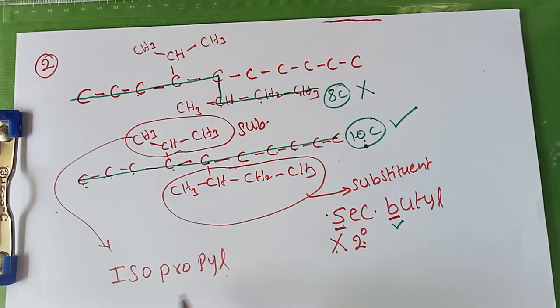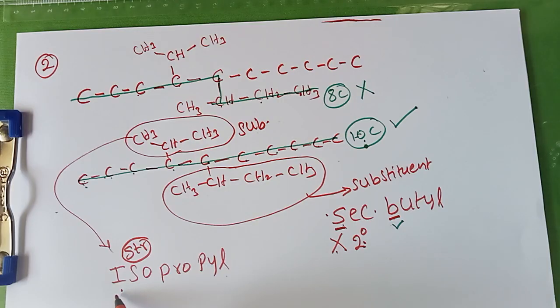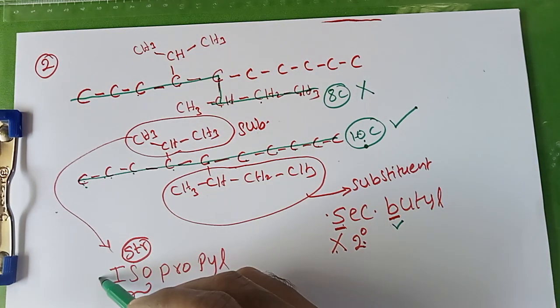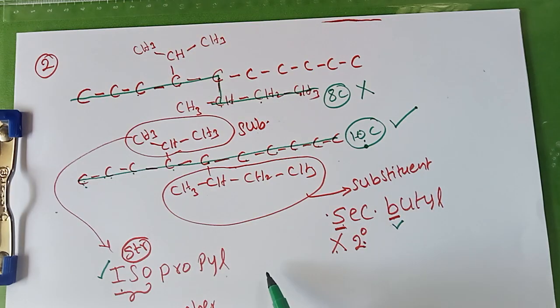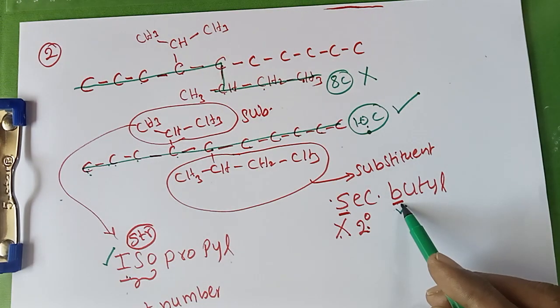In isopropyl, iso is a structure of the carbon chain, it is not a number. So you consider the I in alphabetical order. Alphabetical order is compulsory in the IUPAC naming order. So I and B, which alphabet comes first?